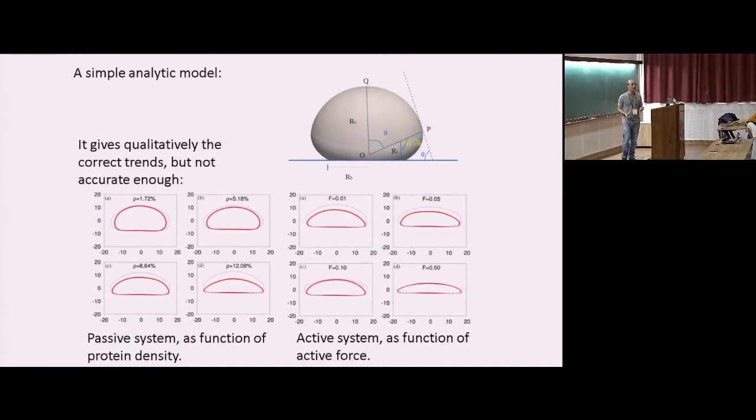It's an involved analytical model. You work very hard, and at the end of the day, you only get qualitative understanding, which might be useful, but it's very far from being quantitative. It again shows you that even for these simple systems, as soon as the deformations are large, it is very difficult to do something analytic.